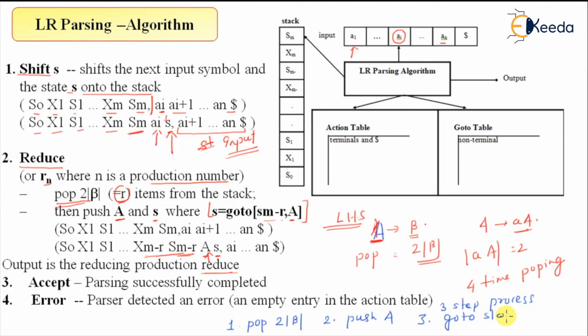If you are confused by the symbolic notations, forget about them. Just remember the reduction is a three-step process: pop twice the number of items, push whatever is on the left hand side, and then go to a new state, which we can refer from the goto table. That is the algorithm.